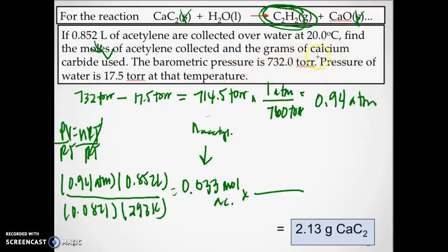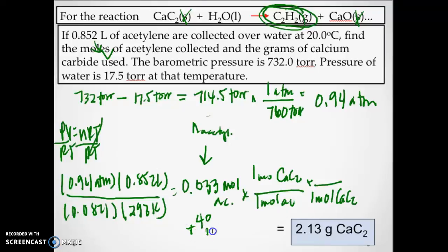But we also want grams of calcium carbide, so we have to use a mole ratio. 1 mole of acetylene has 1 mole of calcium carbide because it's a 1-to-1 ratio. And then we use molar mass. 1 mole of calcium carbide is going to be 40 plus 24, which is 64 grams.